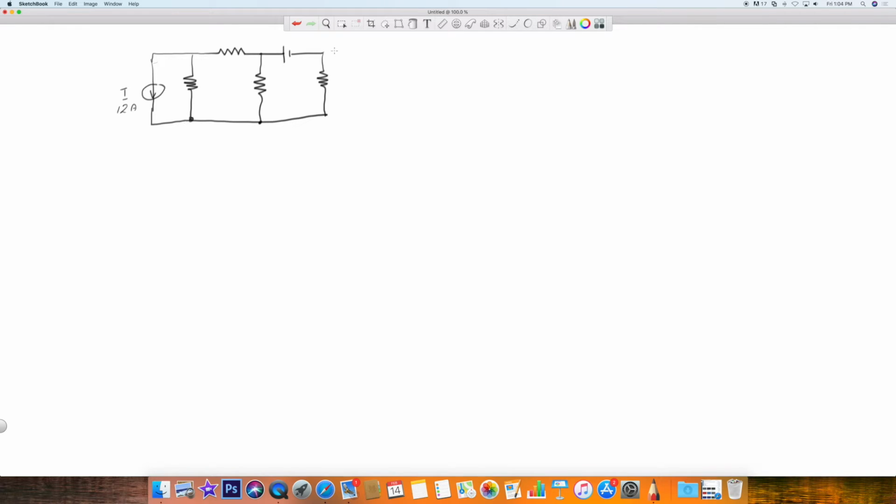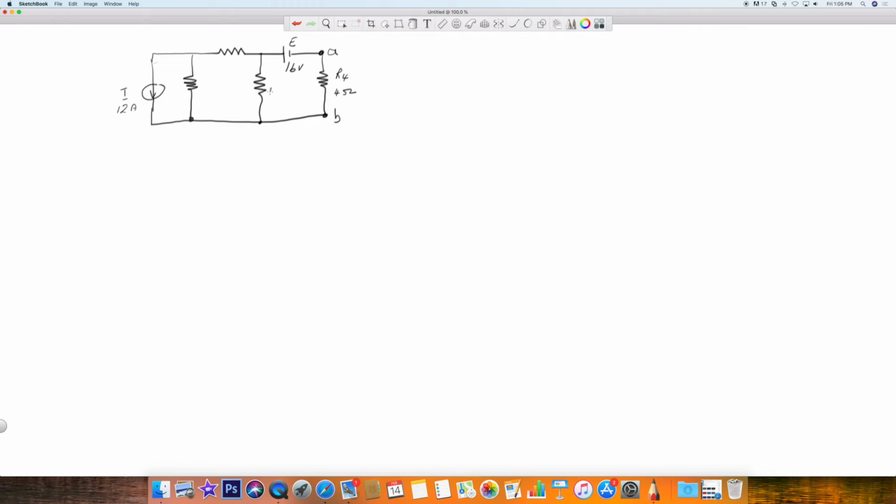Okay, and we have point A and B right here, which will be part of the solution domain in terms of VAB. We have an R4 here that is of 4 ohms. We have an E that is of 16 volts.